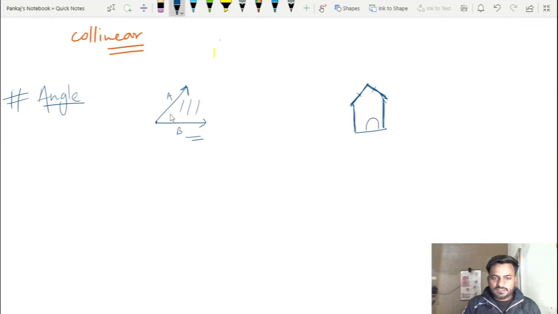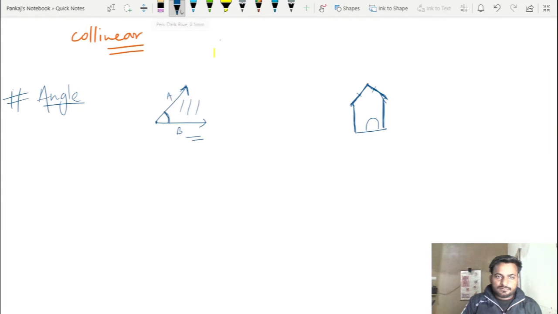This space is measured by a quantity that is called angle. The angle tells about the space between these two faces or these two lines.